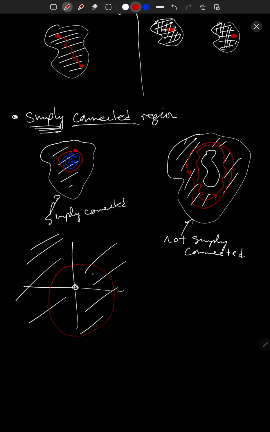Eventually, when you shrink it, you're going to hit this barrier, which is that hole. Even if that hole is just a single point, you cannot pass through that hole. So this is not simply connected. And in many ways, mathematically, the two regions that I've drawn that are not simply connected are the same in some ways.